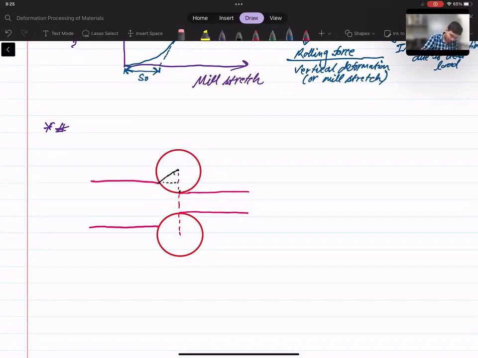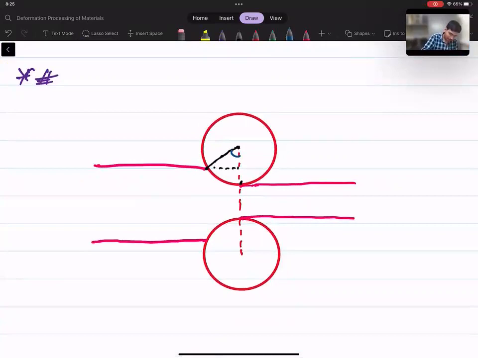So suppose this angle is alpha, and this distance is, let us say, x.